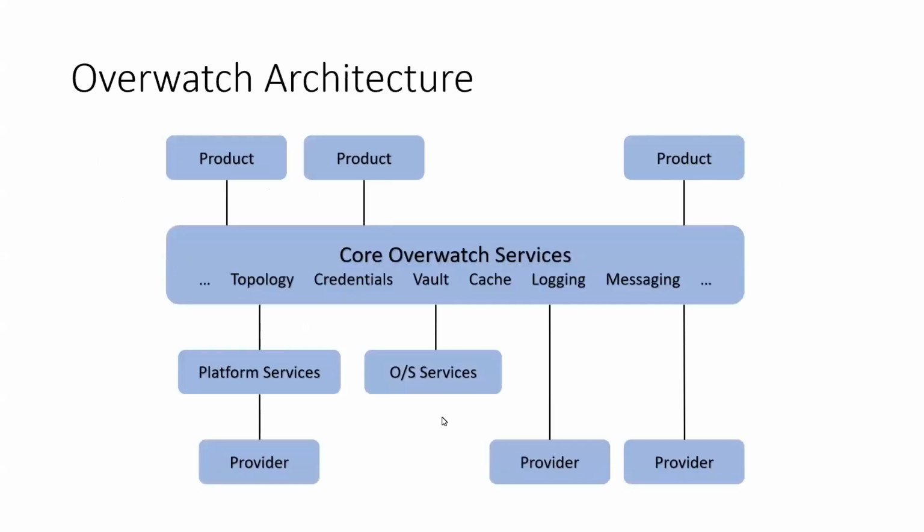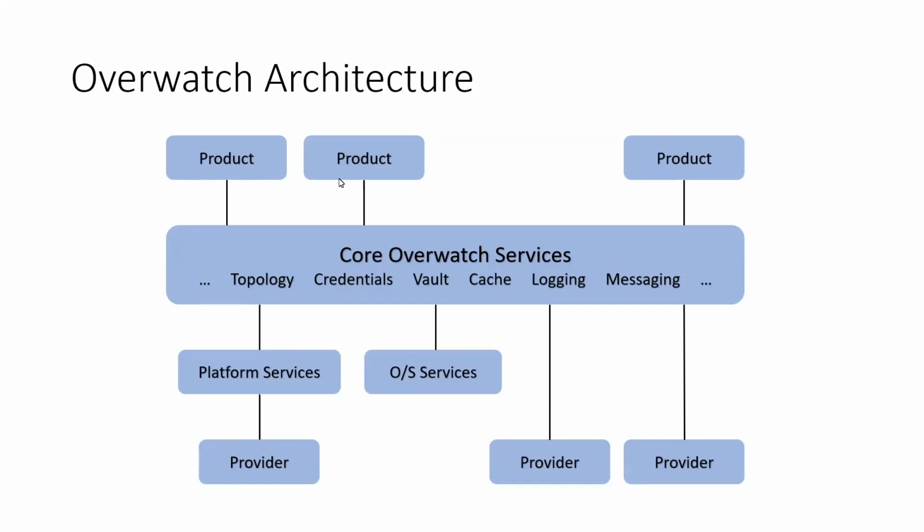So, high-level architectural picture. I've mentioned multiple components or objects in the Overwatch system or architecture. The environment includes core services for Overwatch, and then layers for each of the platforms, as well as service layers for the OSs.